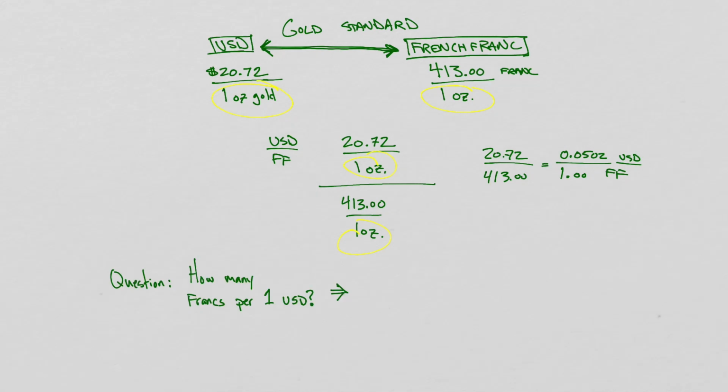And the answer is to take 1 divided by that number that we've already calculated, the opposite exchange rate, the US dollar per 1 franc, take that number and divide 1 into that. And that gives us 19.92 French francs for every 1 US dollar.